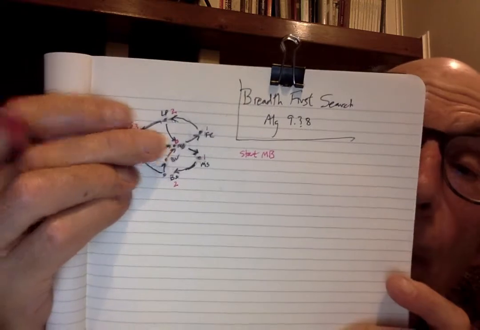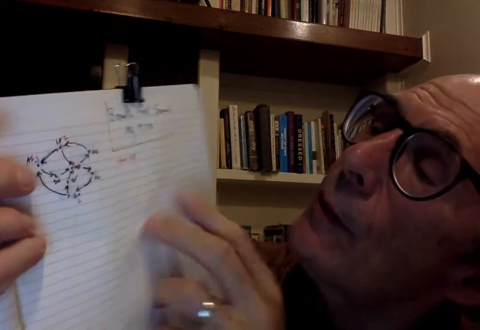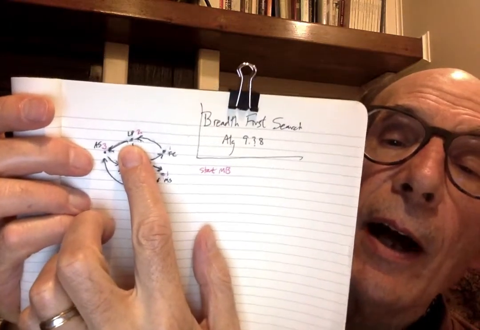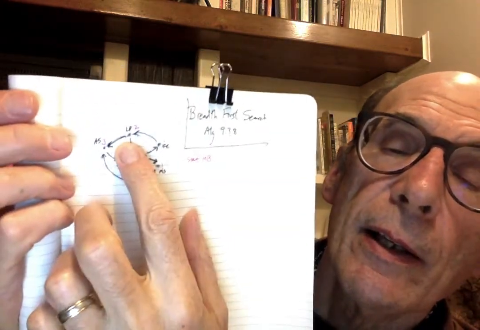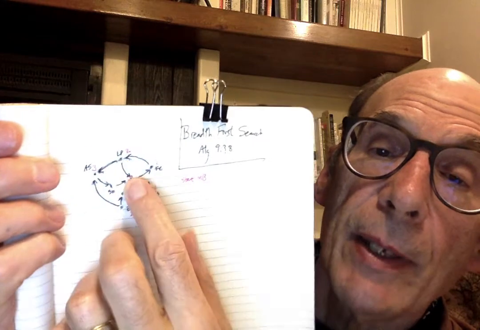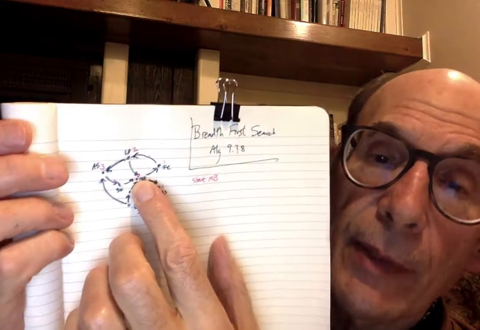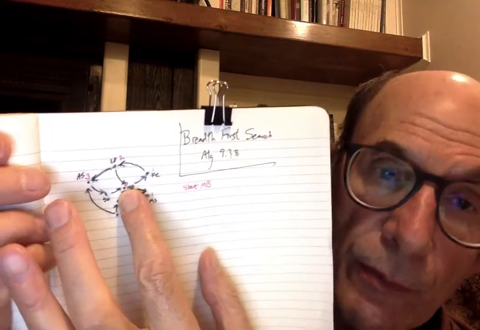So from number 2 up here, I can get to number 3, and so that's really new data. But this one we find out has been visited, so we don't continue down that path.